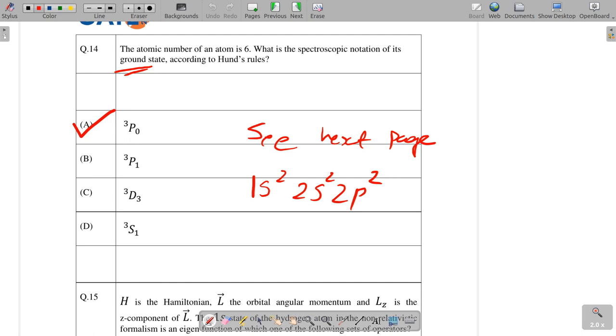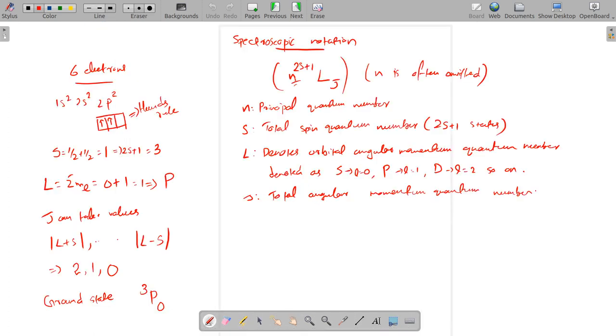It is the principal quantum number of the level in which the highest energy electron is residing. s is the total spin quantum number, not a single electron's spin, but the total spin of the atom.